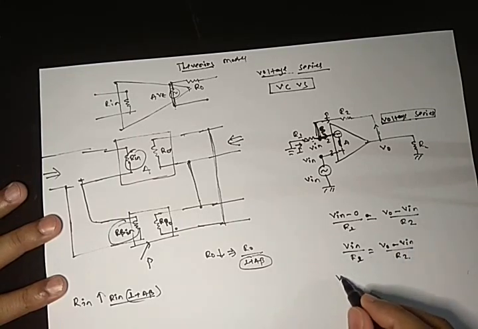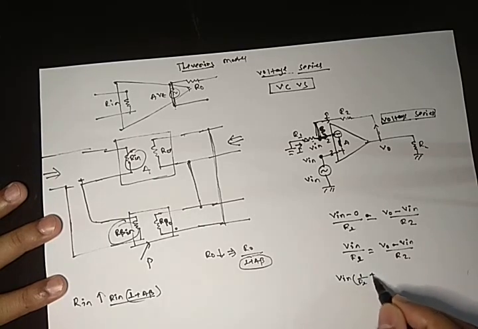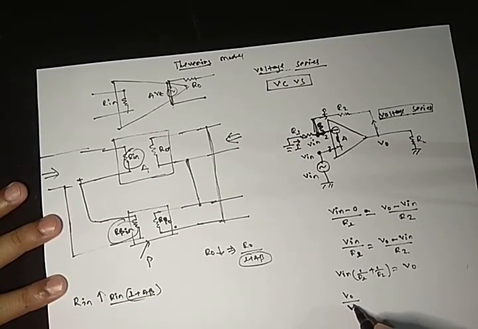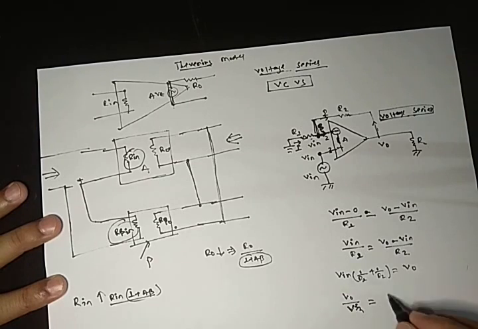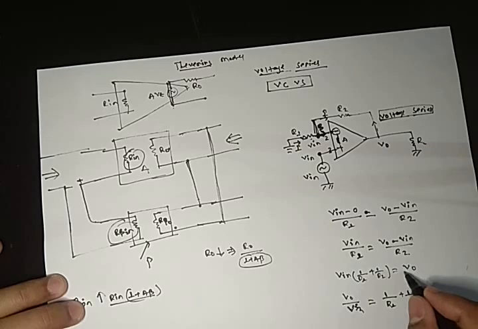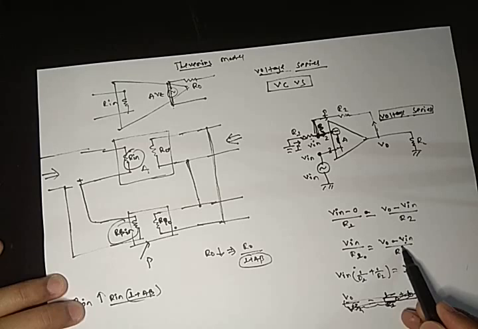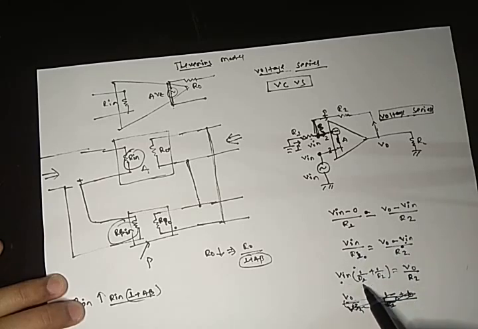Now taking these on one side, V in into 1 by R1 plus 1 by R2 is equal to V0 by R2.